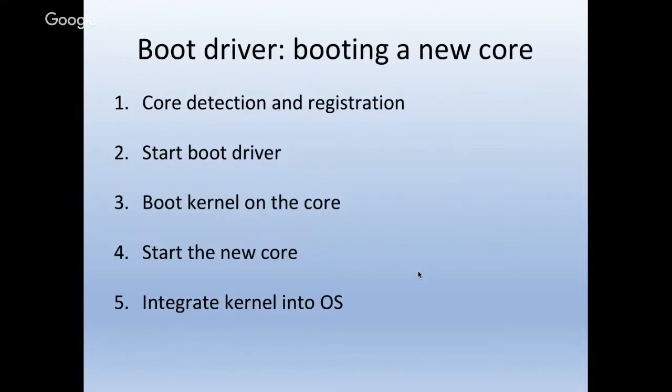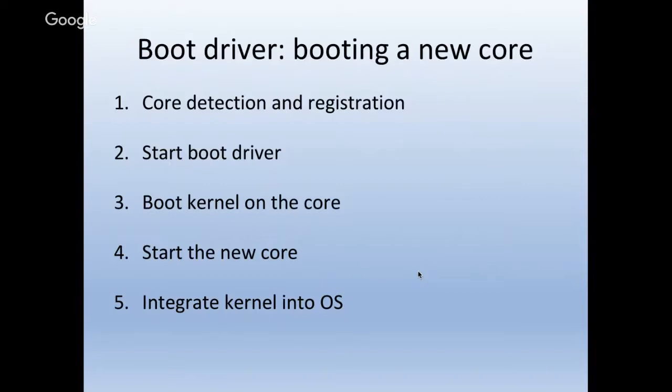Currently, boot drivers run as processes but closely resemble device drivers and could equally run as software objects within another process. And these are the 5 steps. A new core is brought online as follows. First, the core is detected by some platform-specific mechanism and its appearance registered with the device management subsystem. Then Barrelfish DC selects and starts the appropriate boot driver for the new core.